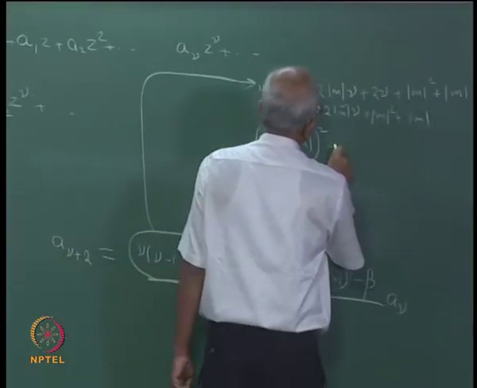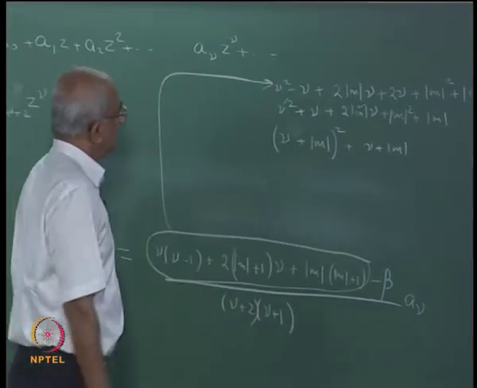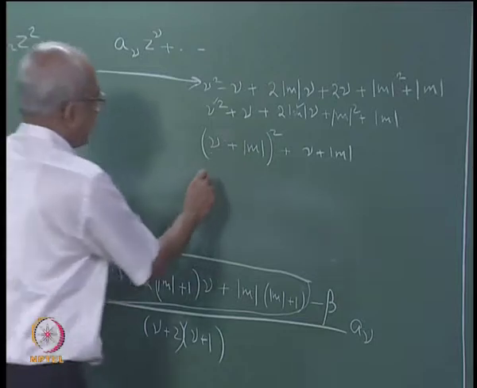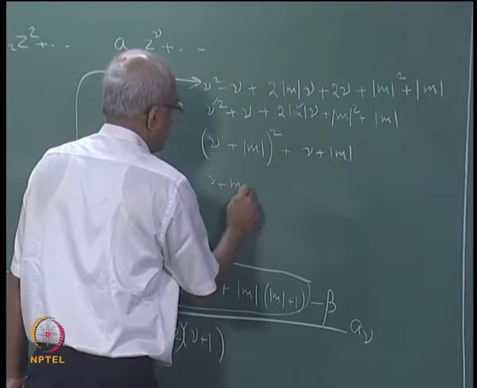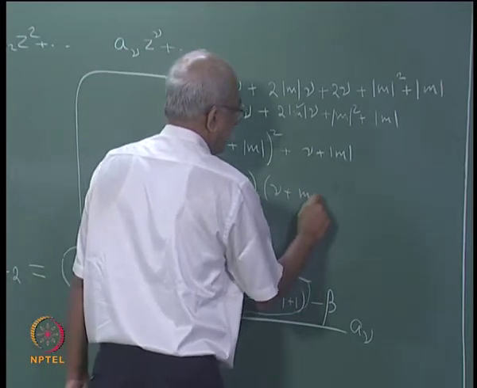You are left with plus nu plus magnitude of m, correct. And that actually can be written in a simple form. It is nothing but (nu plus magnitude of m) into (nu plus magnitude of m plus 1).